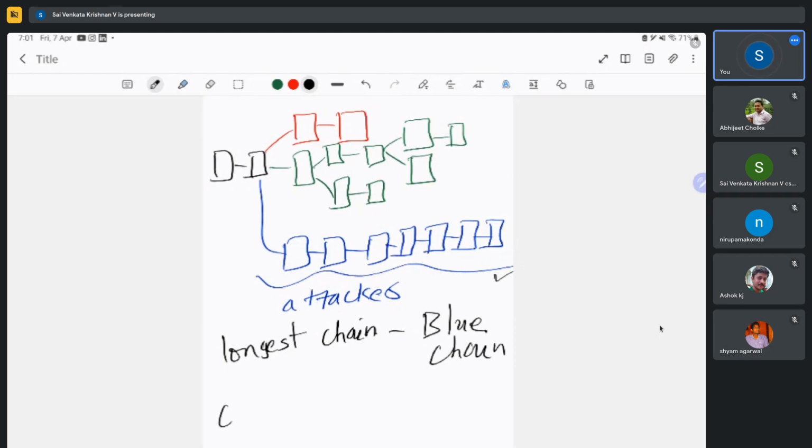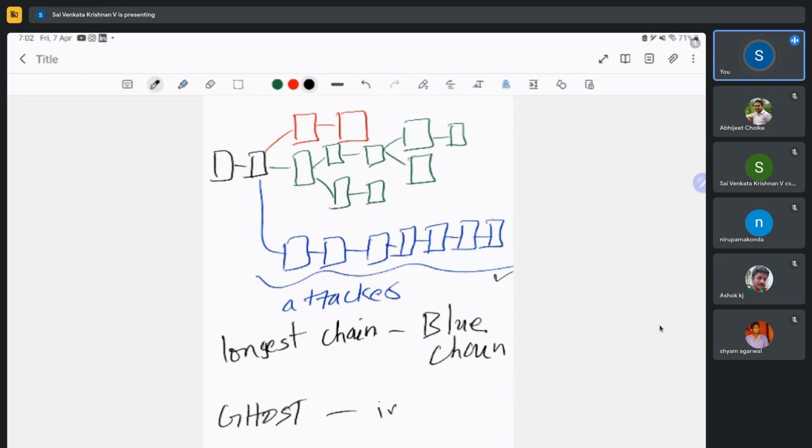Whereas in the GHOST sort of protocol, instead of blindly just counting the number of nodes in a chain and terming that the longest chain, what the GHOST protocol does is it looks at the sibling nodes also, so it will look at the orphaned blocks also.